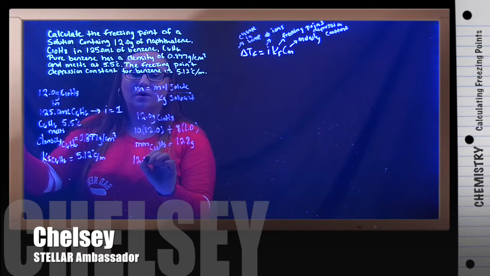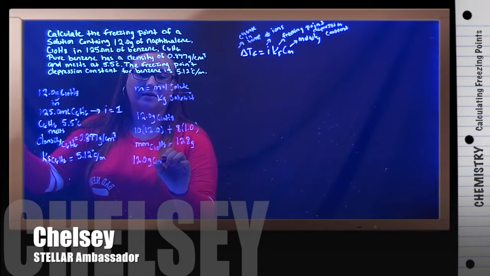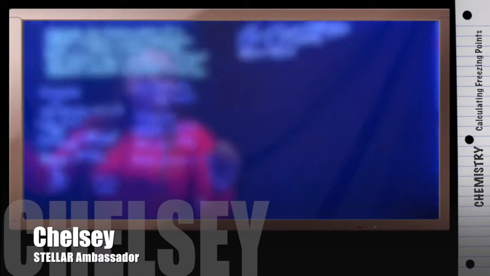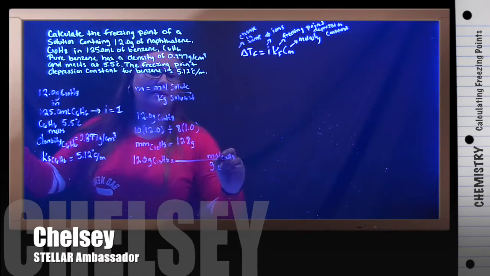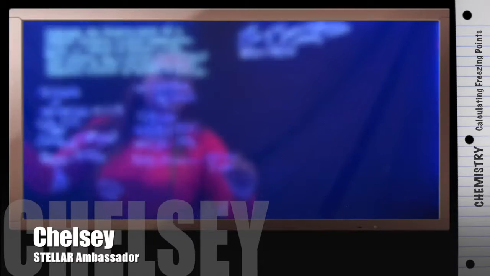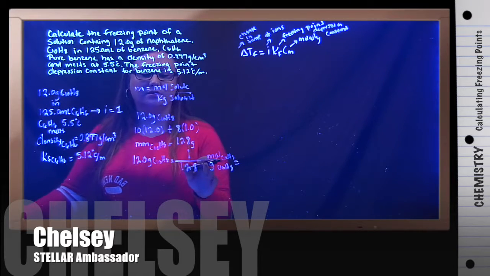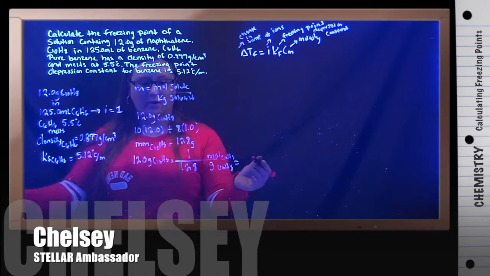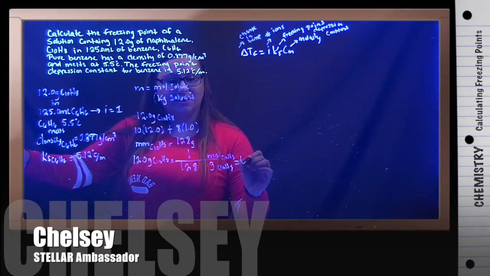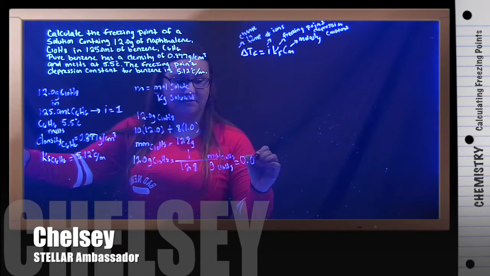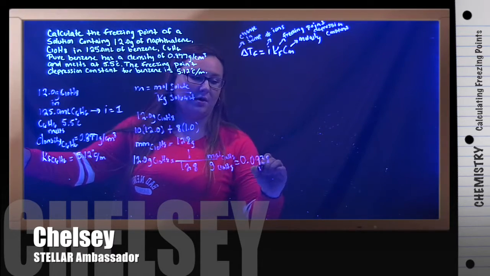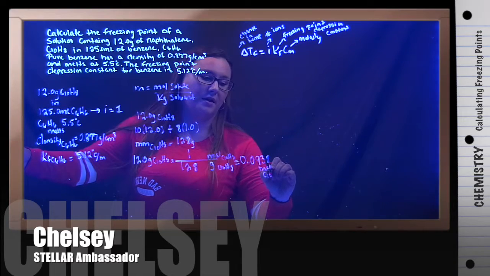We're given 12 grams of naphthalene, and we want moles. Okay, so the moles are going to go on top and the grams are going to go on the bottom. So 1 mole of naphthalene is equal to 128 grams of naphthalene. You do 12 times 1 divided by 128, and that will give our moles, which is equal to 0.0938 moles of naphthalene.